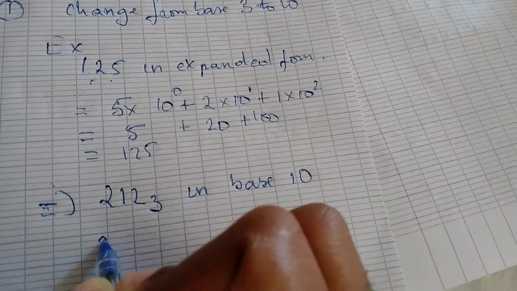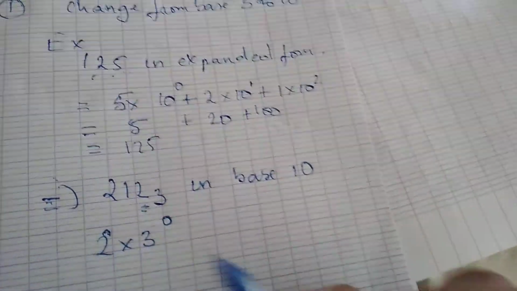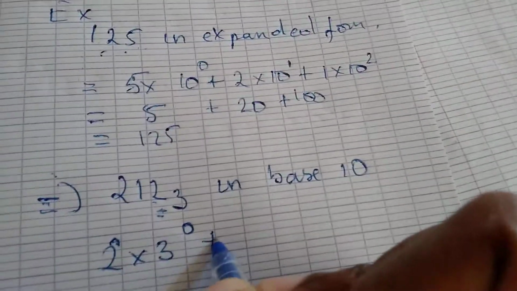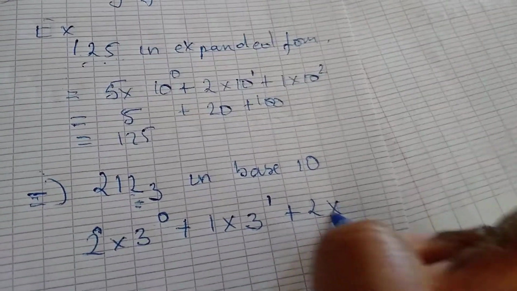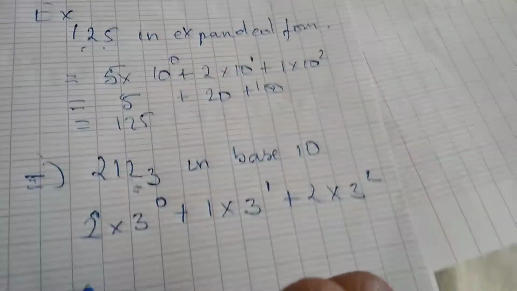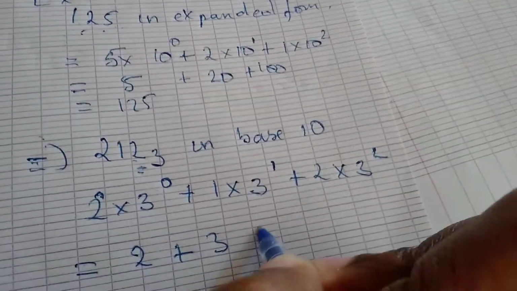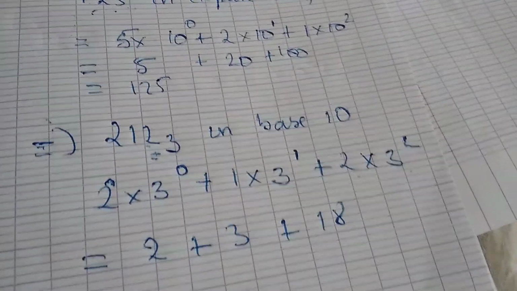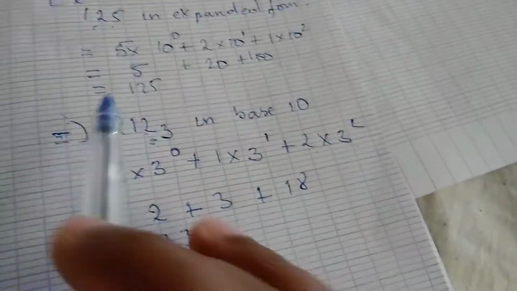I write 2 times 3 raised to the power 0, because this is the ones place in base 3, plus 1 times 3 raised to the power of 1, plus 2 times 3 raised to the power of 2. In base 10 I get 2 plus 3 plus 2 times 9, which is 18. At the end I get 23. So 212 base 3 in base 10 is 23.